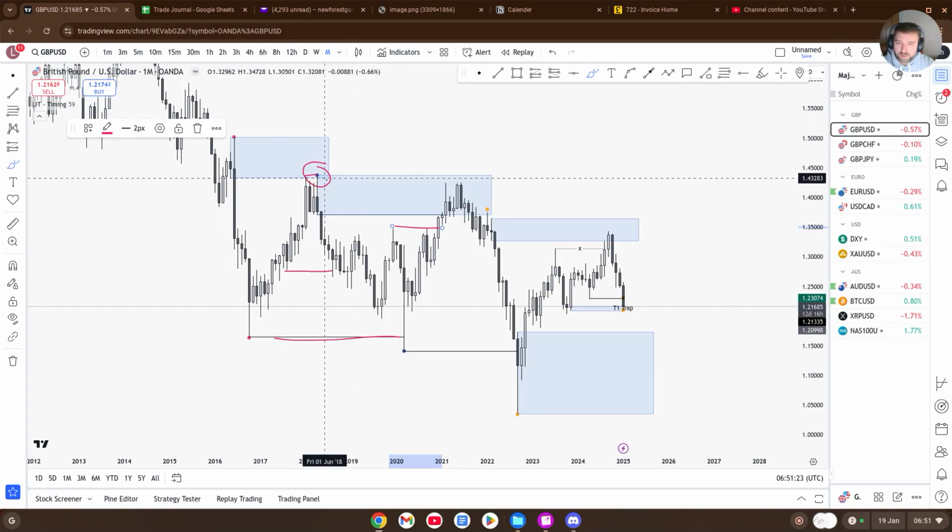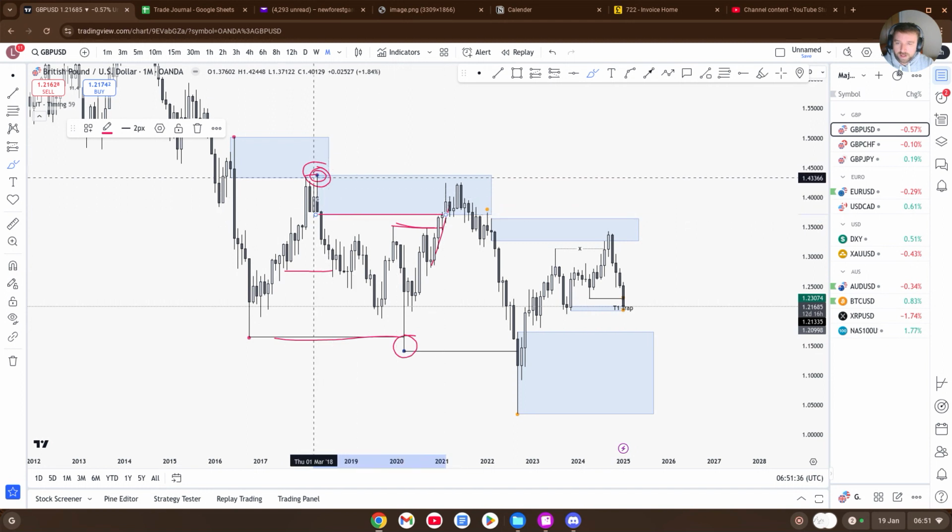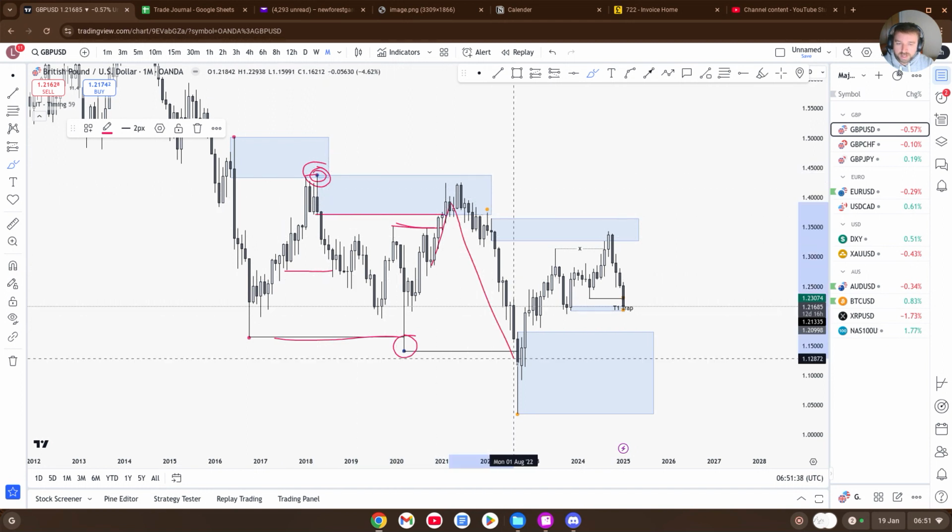So this is a range from this strong high to this weak low, and then price has built a double top, built liquidity here, pushed into this unmitigated block, hit right there, and then we came down and we took external range liquidity right there.